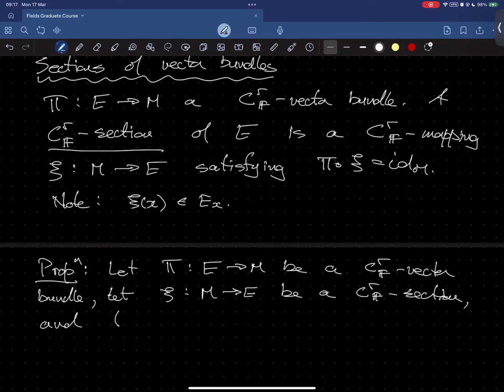So vector bundle charts are of the form (V, psi). The domain is an open subset of E. Psi is the mapping. And then vector bundle charts, you'll remember, take values in a product like this.